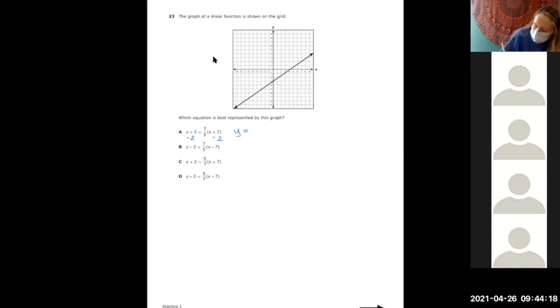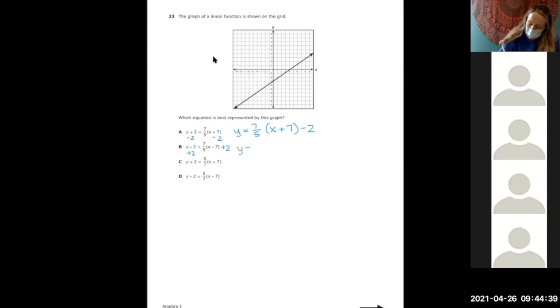So I would get y equals 7/5 times x plus 7 minus 2. Always stick it on the end. Don't try to subtract from inside the parentheses. You cannot do that. Those parentheses are attached to the 7/5 part. Okay, so add it onto the end. Here we're going to add 2.